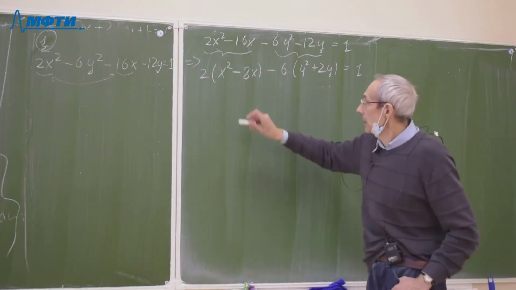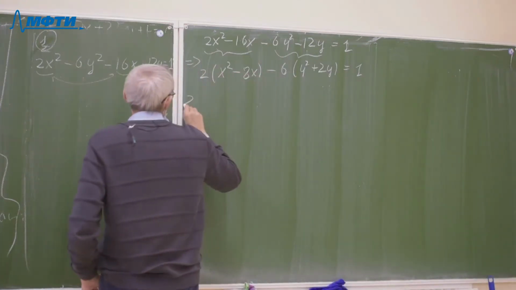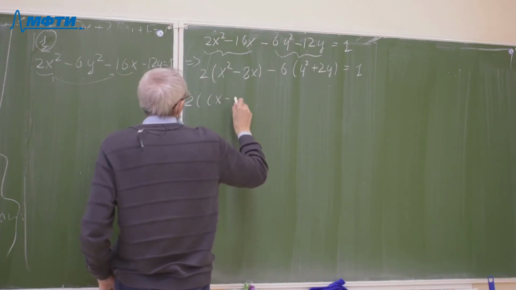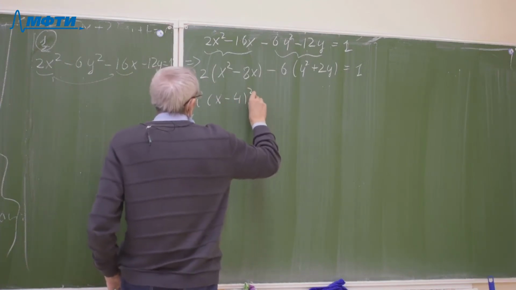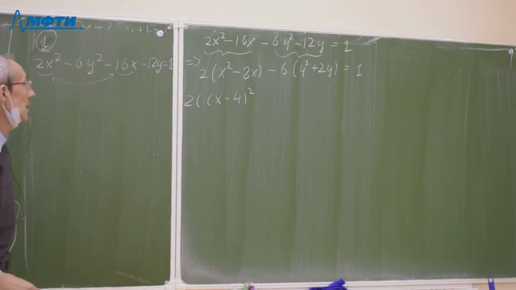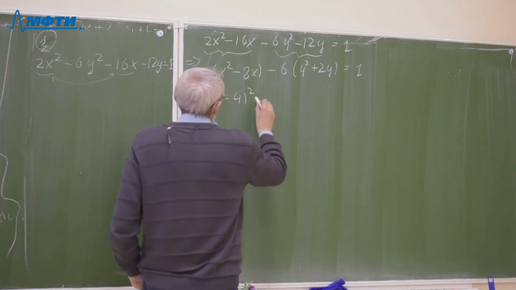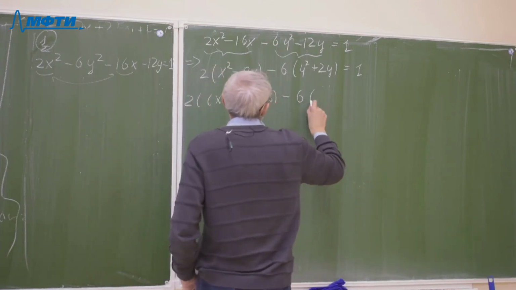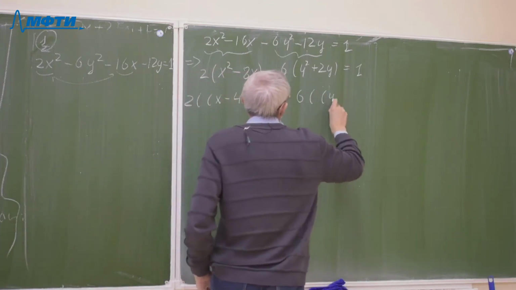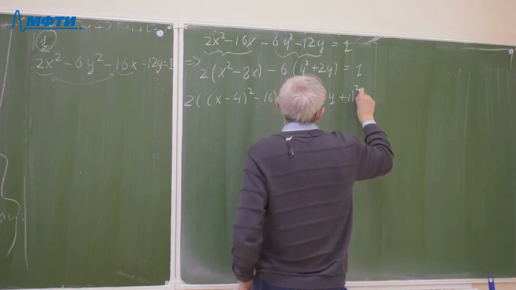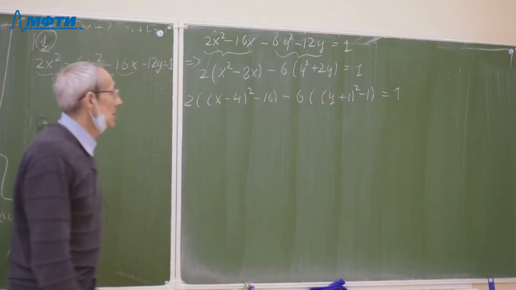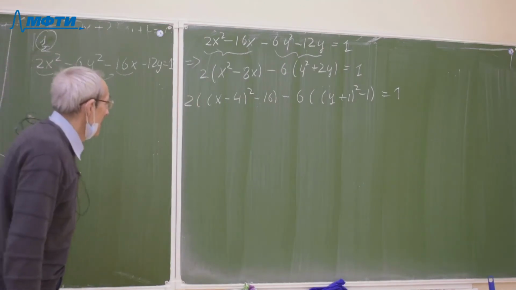And this term, easy to see, can be written in the form (x minus 4) squared minus 16. And this term you can write in the form (y plus 1) squared minus 1. And this expression is equal 1.